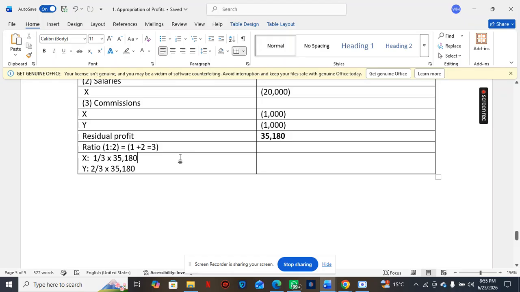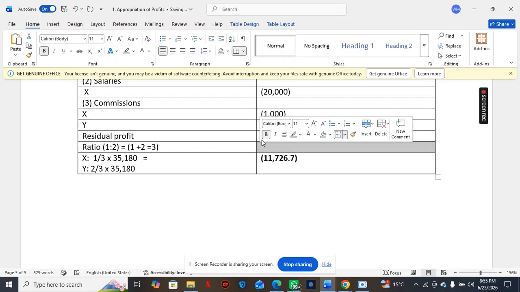That gives us 11,726.7. Since there are many decimals, I'll just round it to one decimal. So this is Mr. X. This is the profit he gets from this 35,108.